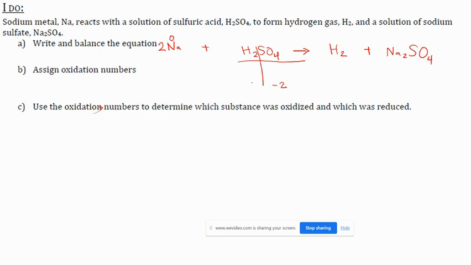That means that this side must be a +2. I have 2 of them, so hydrogen has to be a +1. My overall charge here is a +2. I have 2 of these, so each one must be a +1. +1 + 1 equals a +2.